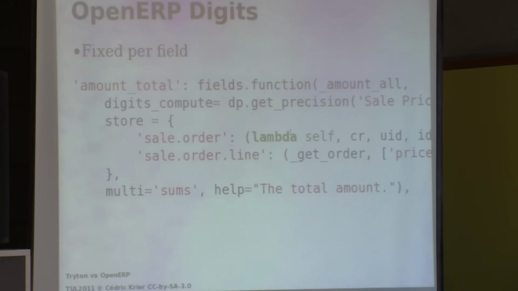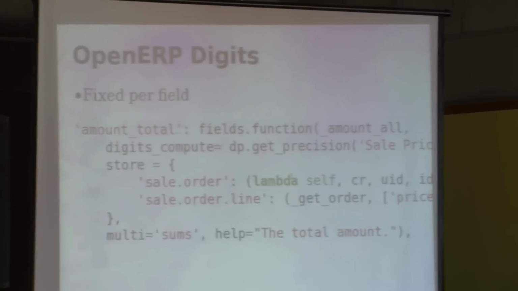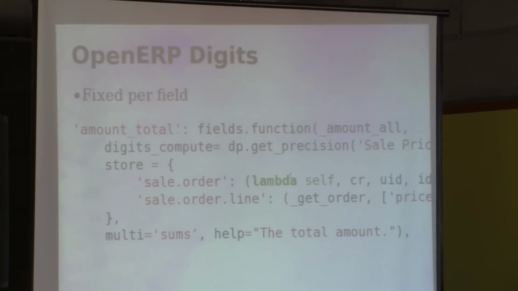In OpenERP, the digits, so the number of how the numbers are displayed or validated, is fixed per field. They introduced the digit precision way where you can customize it from the database, but it's fixed for the models.